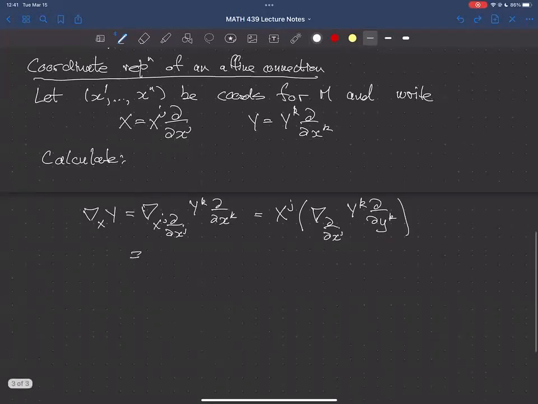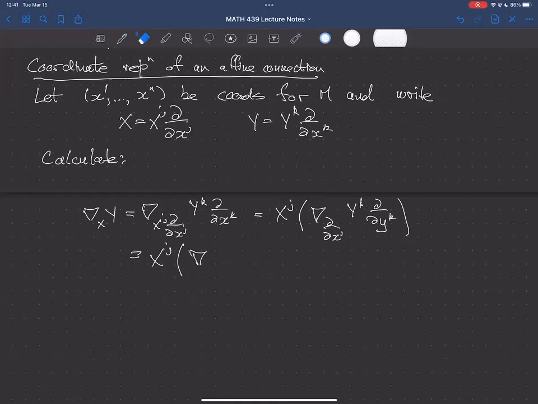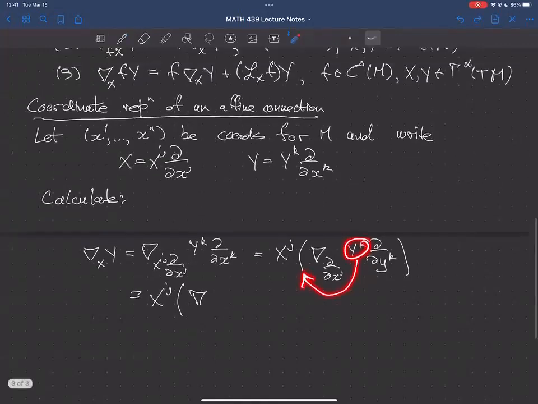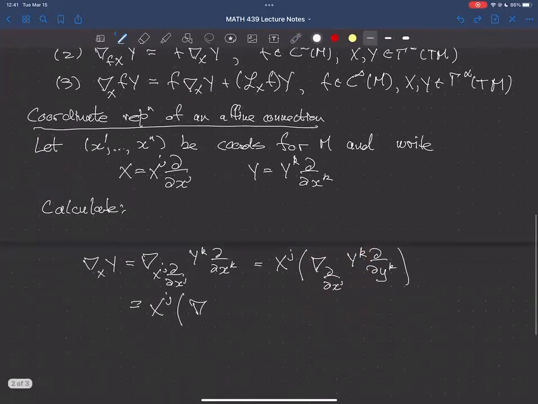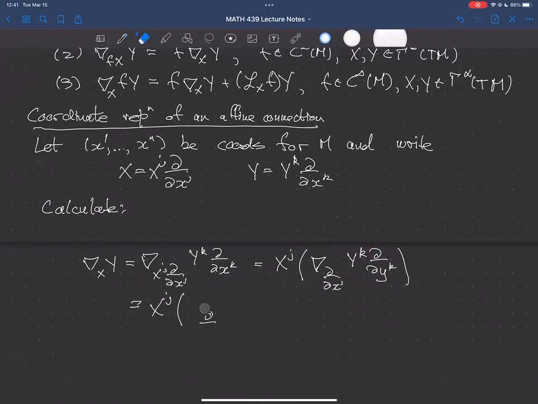So it's going to be X^j times, the first is I pull the Y out front, like I said I was going to do.